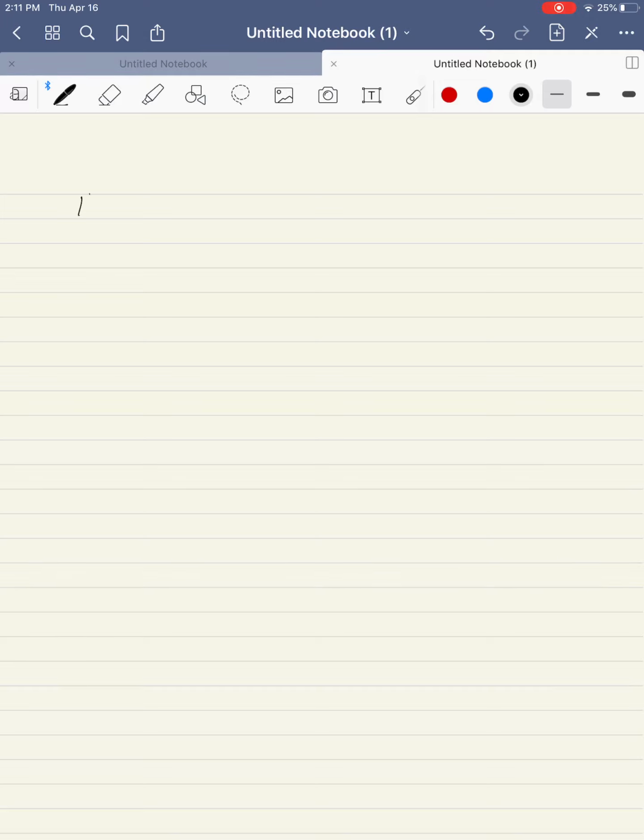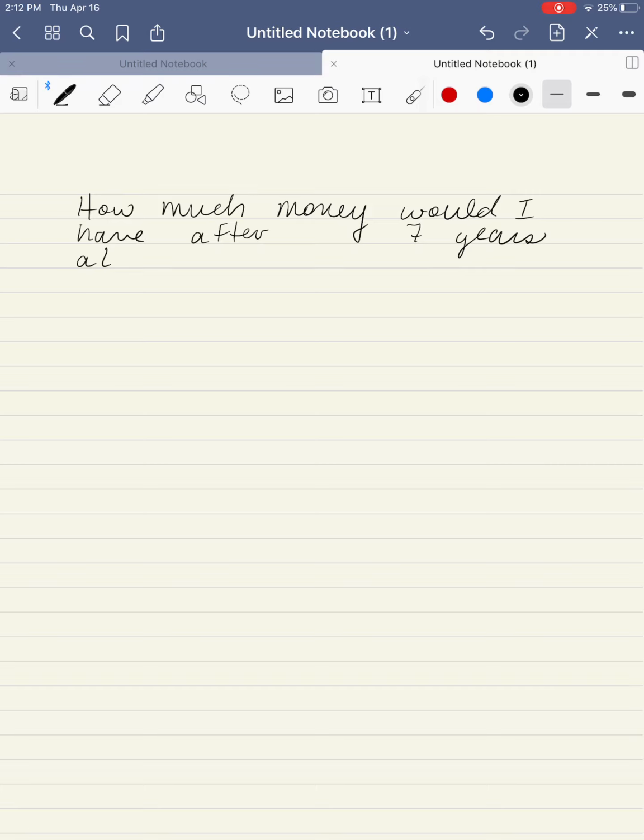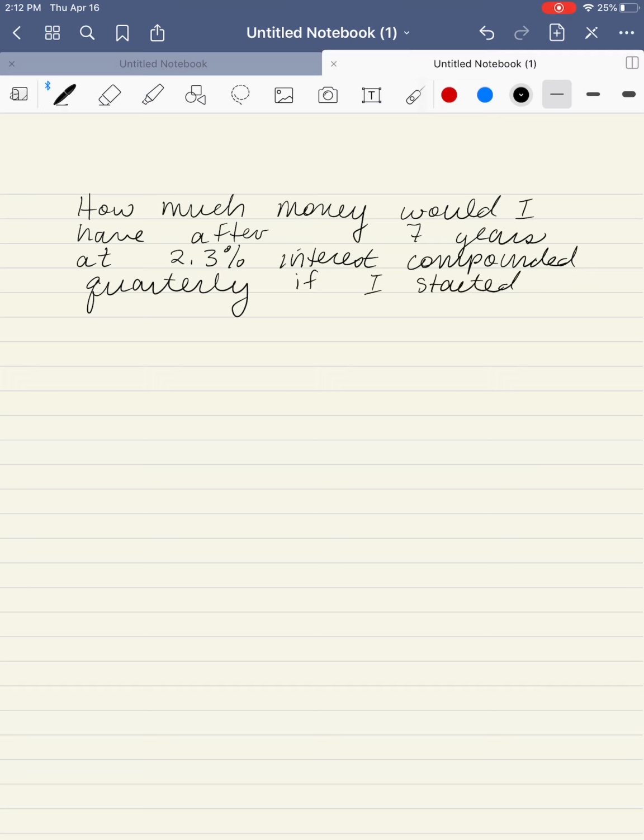Let's look at some examples of this. Let's say that I want to know how much money I would have after 7 years at 2.3% interest compounded quarterly, if I started with $5,500.